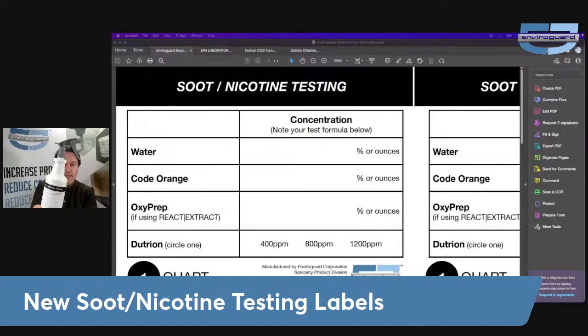You can pre-test surfaces and know exactly what concentration and how much Code Orange, for example, you're going to need. In this case, this is really for soot and nicotine removal, and it would enable you to pre-test those surfaces and go in with your team eyes wide open as to exactly what your dilution is going to be, and what your costs are going to be. Those labels are brand new.